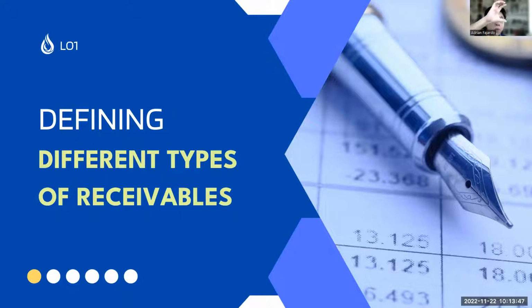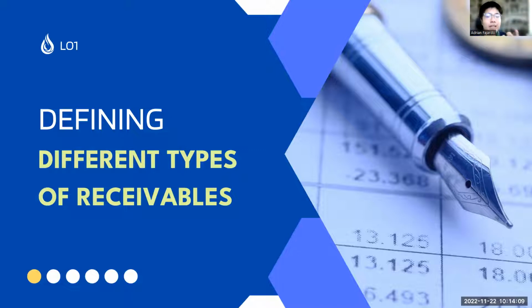The next portion na susunod sa cash would be your different types of receivables. However, unlike cash, receivables could have numerous line items. You could have AR or accounts receivable, notes receivable, interest receivable, and even advance to employees.